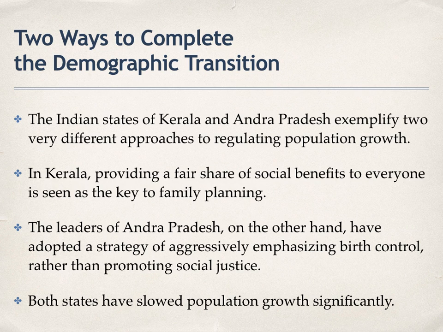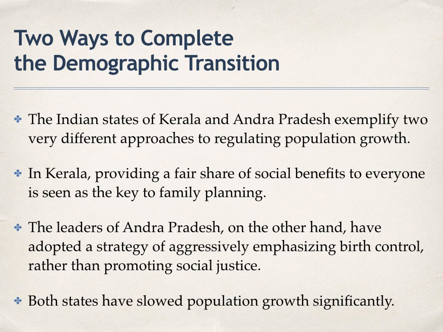The leaders of Andhra Pradesh, on the other hand, have adopted a strategy of aggressively emphasizing birth control rather than promoting social justice. This strategy depends on policies similar to those in China that assume providing carrots, economic rewards for reducing births, along with sticks, mandates for limiting reproduction, together with punishment for exceeding limits, are the only effective ways to regulate population size.